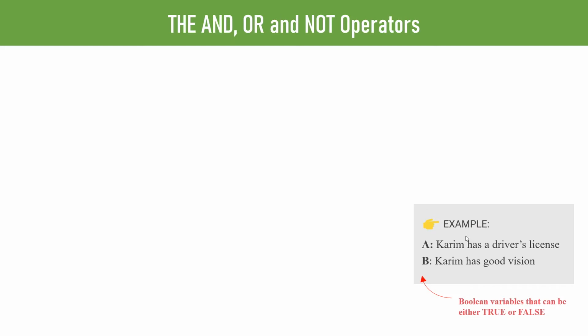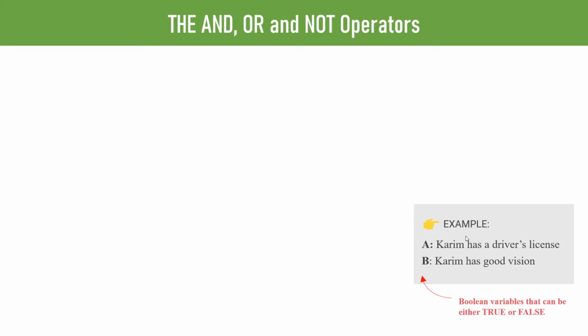Okay, so A is that Karim has a driver license and B is that Karim has good vision. So both of these are of course conditions that can be true or false, because Karim could have no driver's license and he could have no good vision, right? And of course, on the other hand, he could also have a driver license and could have good vision.